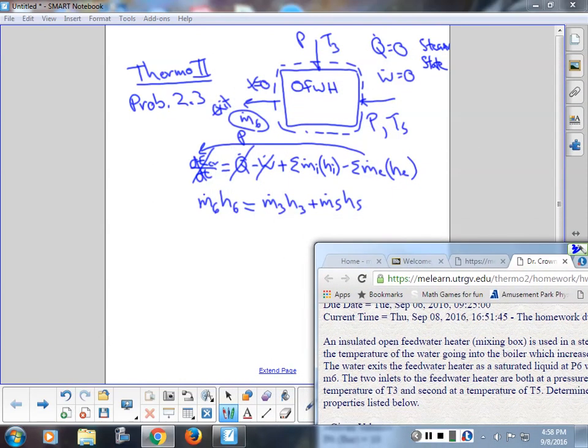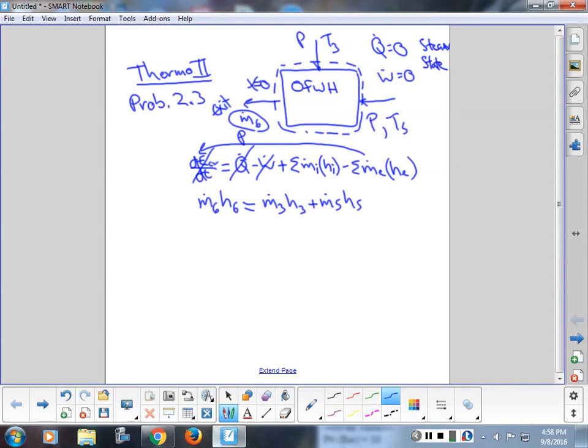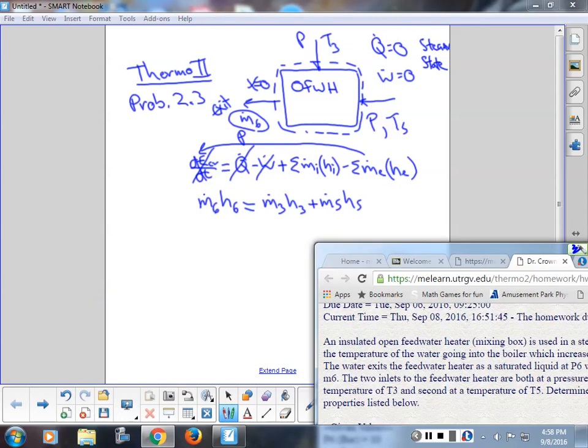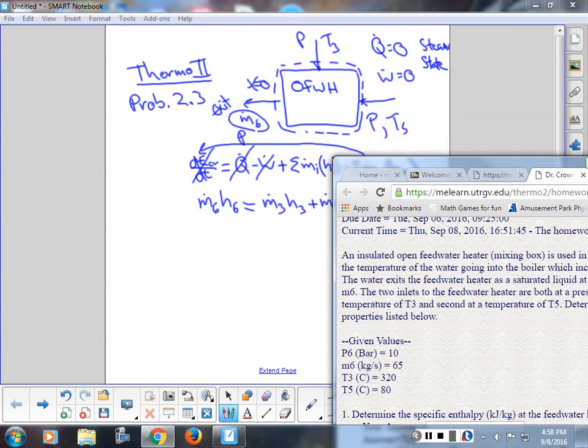So let's see if we can do that. I think I have my book right here. So maybe y'all can help me with this. So let's look up the properties. All right, so it's 10 bar and the quality. All right, so h6, all I know is that x equals 0 and that P equals 10 bar, right?